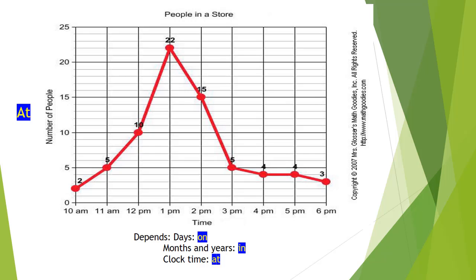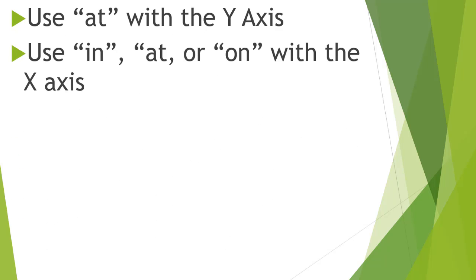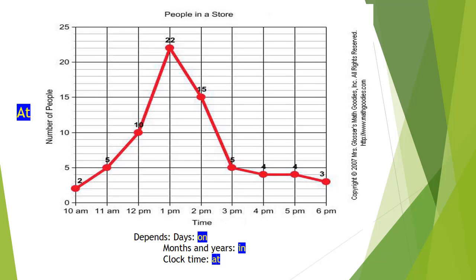Because the x-axis deals with time, it differs. Sometimes you use in, sometimes at, sometimes on. Again, if you look at this picture, it shows you that it is clock time. Then you use at. If it's months or years, in. If it's days, you use on. Okay?